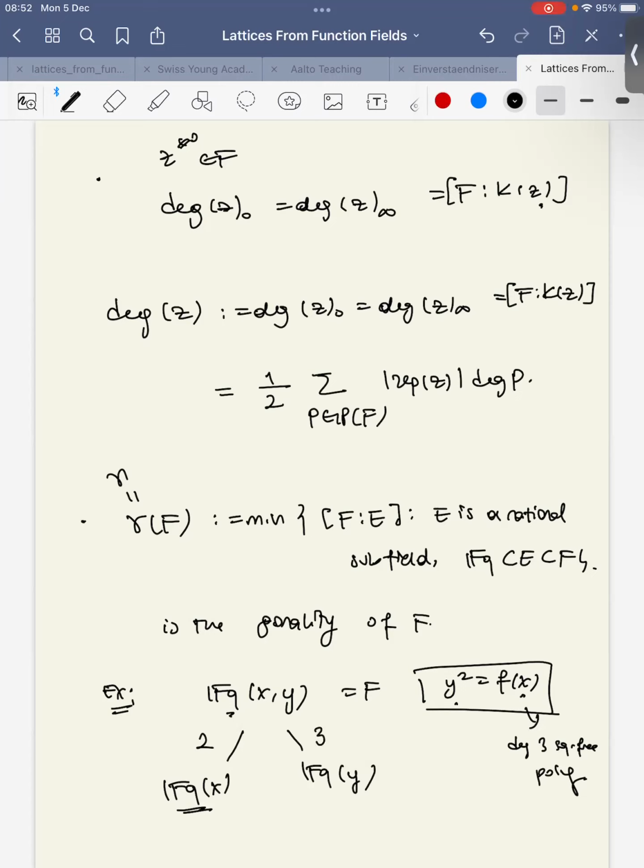And in this case, the extension degree over the rational function field is not a well-defined object, so it works differently from the algebraic number fields. But in this case, we can consider the minimal extension degree, and this quantity will be also important when we study the parameters of the lattice constructions.